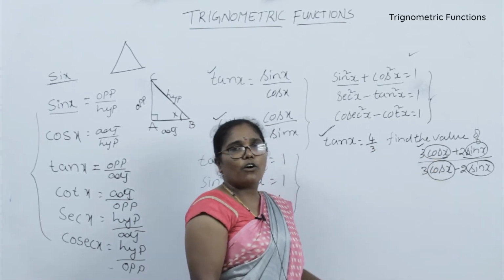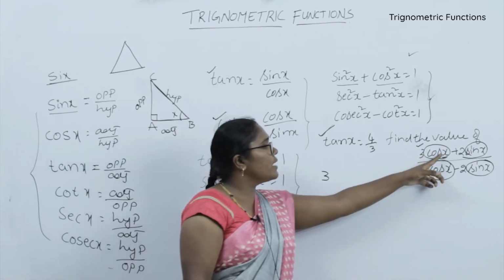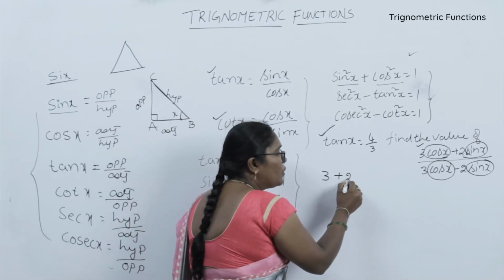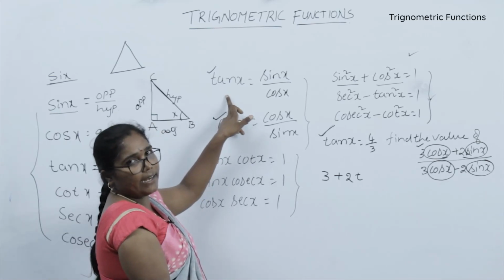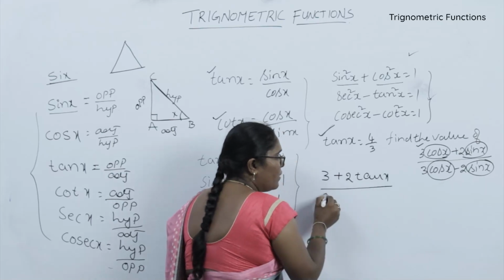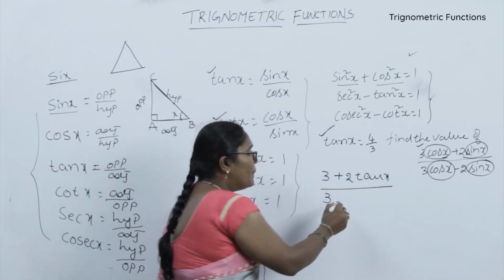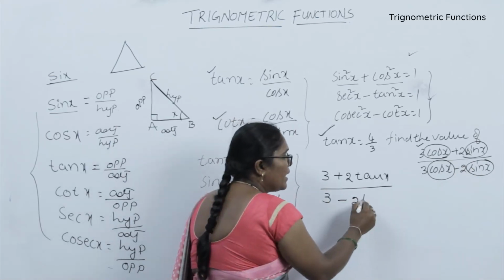If you divide with cos x, then what will you get here? 3 cos x by cos x will be 1, plus 2 into sin x by cos x. You know the basic identity, that is tan x. So sin x by cos x I will write as tan x, divided by again 3 cos x by cos x is 1, minus again 2 into sin x by cos x, again tan x.